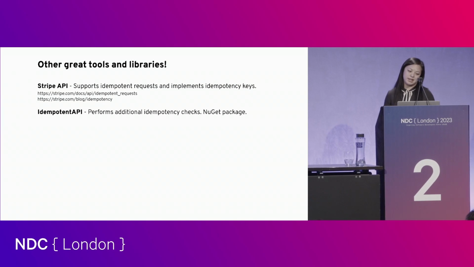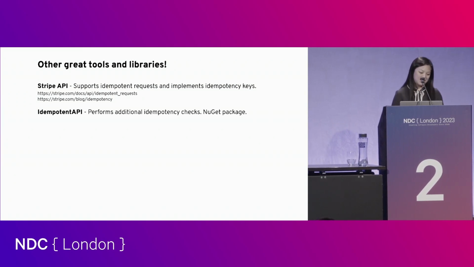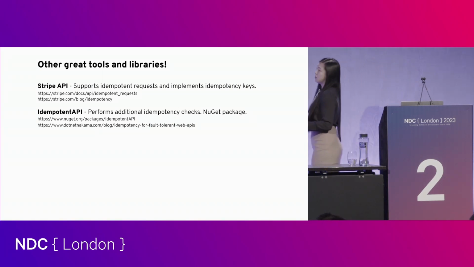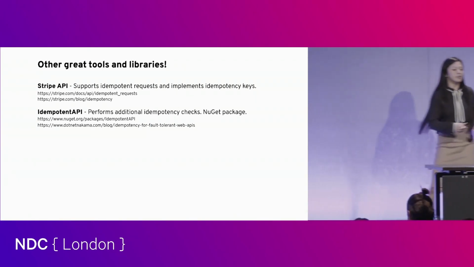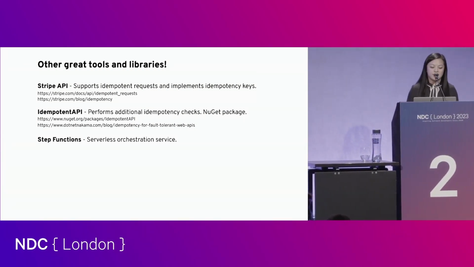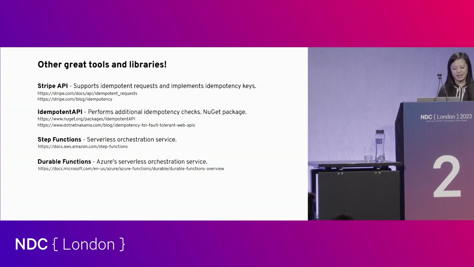There is Idempotent API, which performs additional idempotency checks and is a NuGet package. There's a great blog post from .NET Nakama that talks about how you would use this in a .NET application. Then there are step functions and durable functions, like I mentioned.